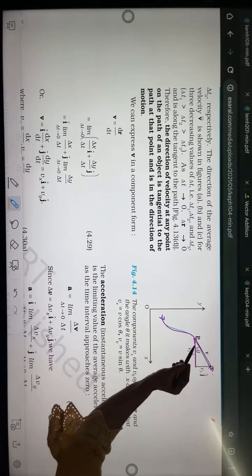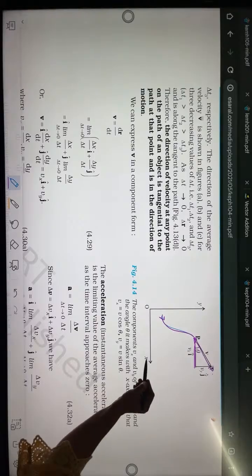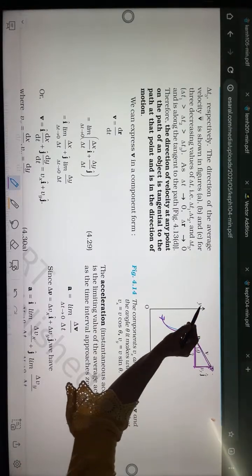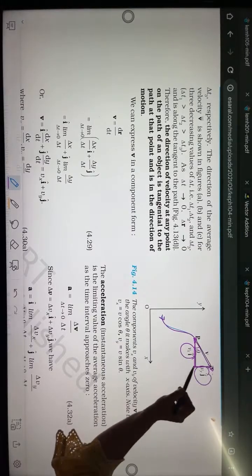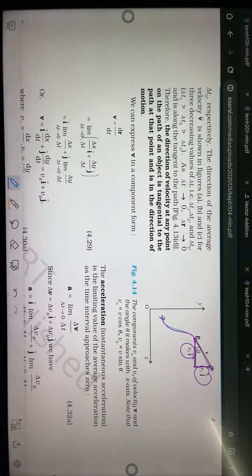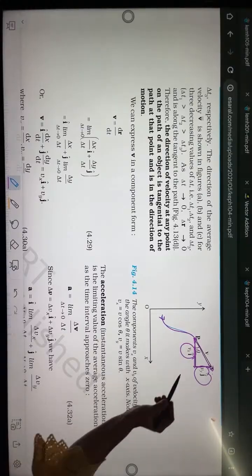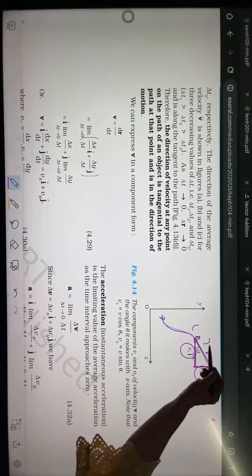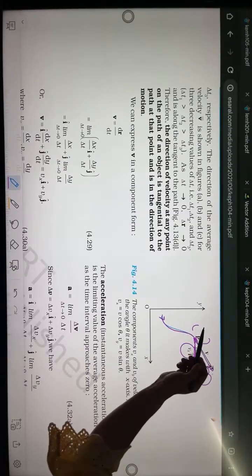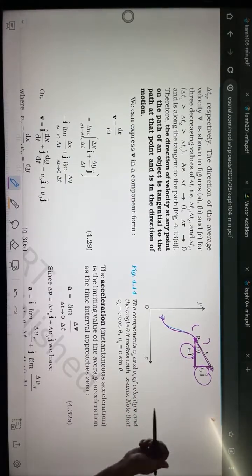And then here you draw parallel to x-axis and parallel to y-axis. So it is Vx i component, Vy j component. If you want to find where the particle is, the particle point might be x comma y, right? So what is x, what is y here?